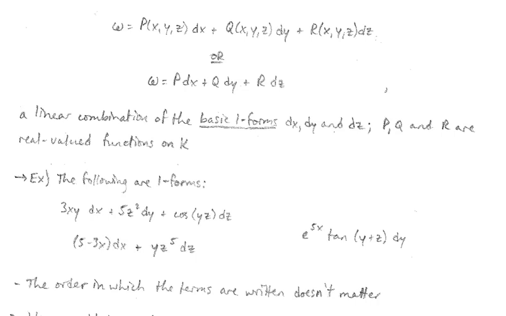Every one of the terms in there has a dx, a dy, or a dz attached to the end. And our third example on the right here only has one term. It only contains a dy at the end, but it's still a differential one form. And the order in which you write the terms here does not matter. So I could have switched the first and second terms in my first example here, top left, and that would still be a differential one form.